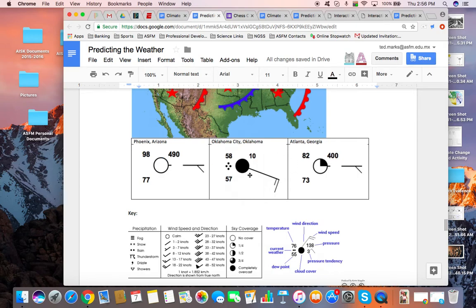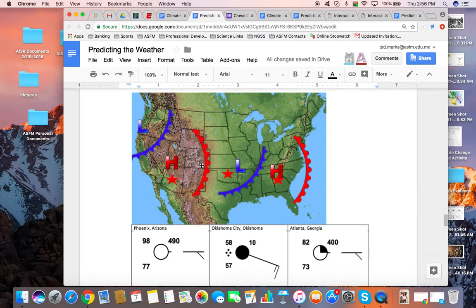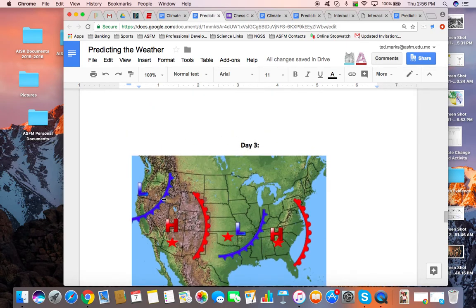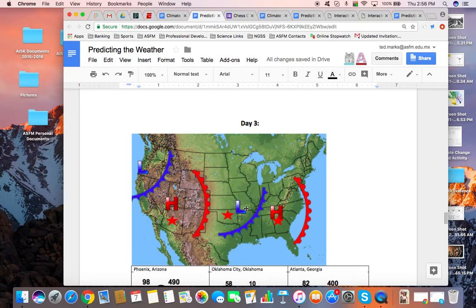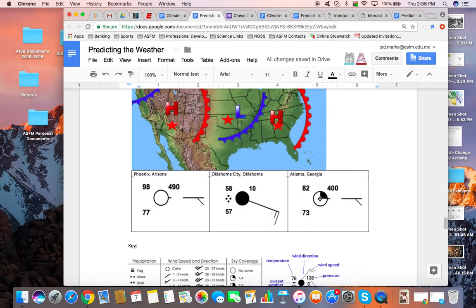Well, how are you going to draw these? You have to look at the weather that's coming in from day 3. So day 4, this particular low front is going to be moving towards Phoenix. This particular warm front is going to be moving towards Oklahoma City, and this particular low front is going to be moving towards Atlanta. That will give you some clues as to what kind of weather you're going to draw.